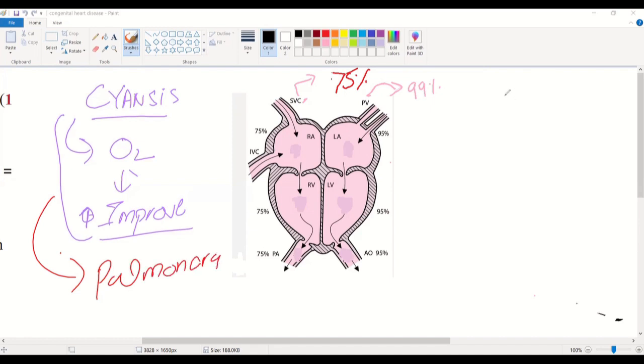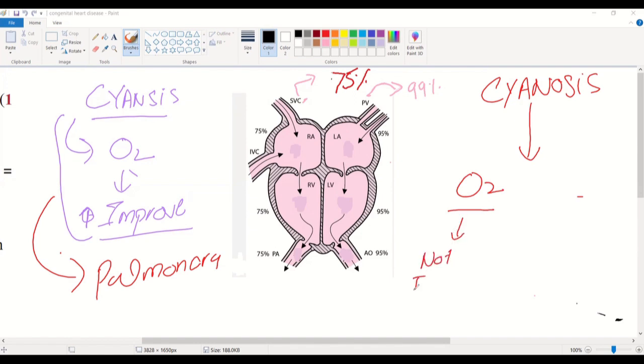Another scenario: cyanosis, you give them oxygen and the cyanosis does not improve, and you give them prostaglandin, and the cyanosis improves.